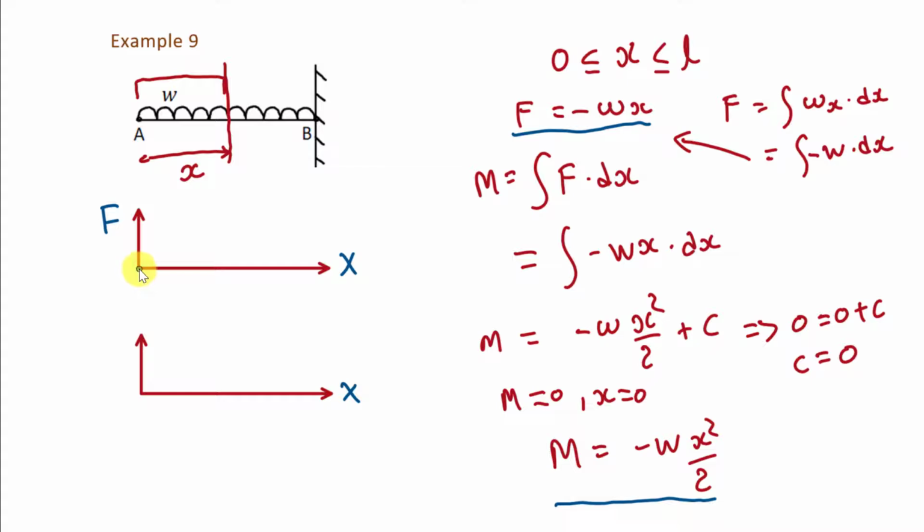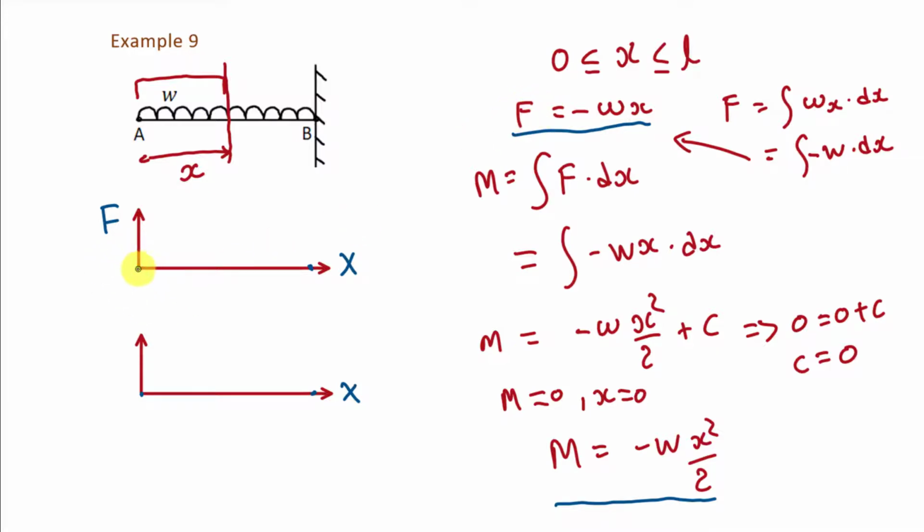This point is point A where x = 0, and this point is point B where x = L. Similarly, here there is one point where x = 0, and this is the point where x = L. Now if we put x = 0, we get shear force 0.